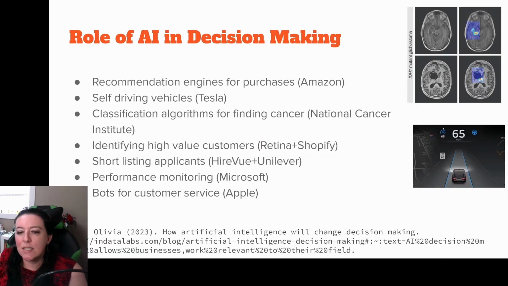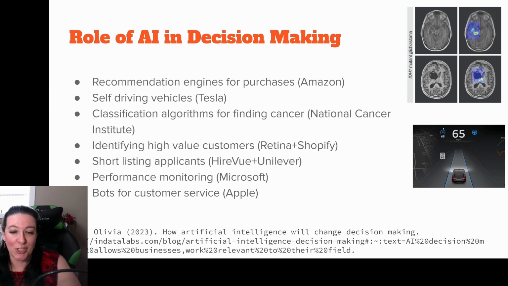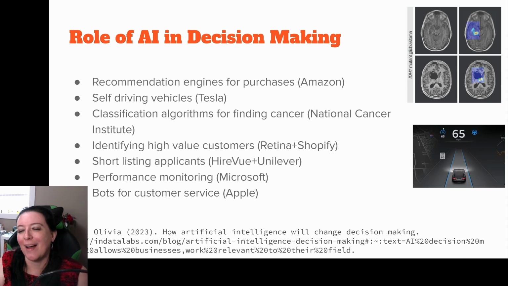We'll end this video with some examples of roles of AI in decision making. Amazon has recommendation engines, which identify which products you should buy and like based on what other people buy and like. Tesla has self-driving vehicles that use image recognition to identify a stop sign, so we should stop.